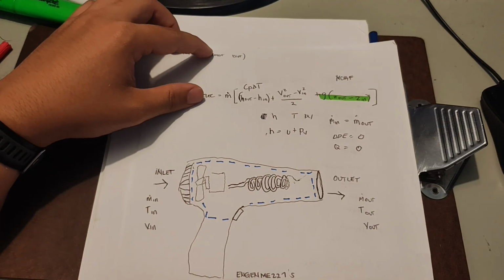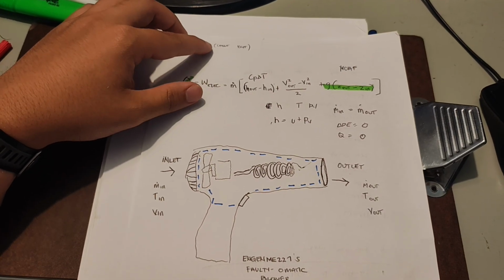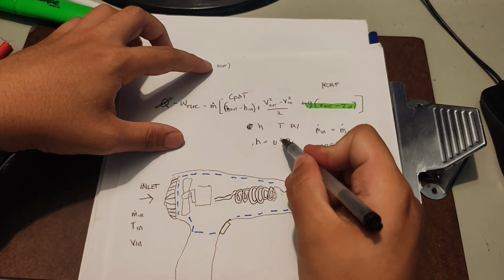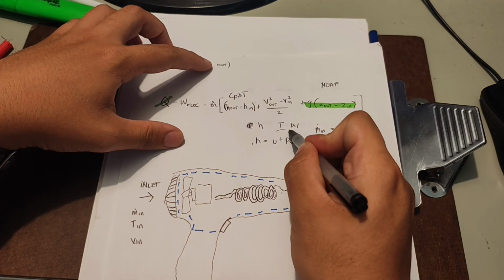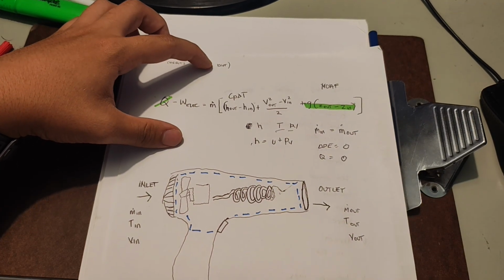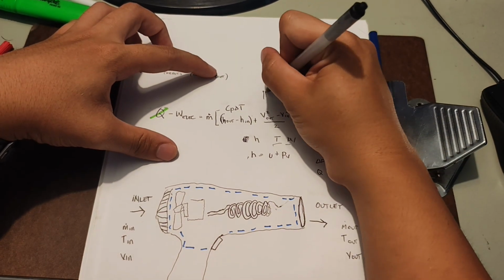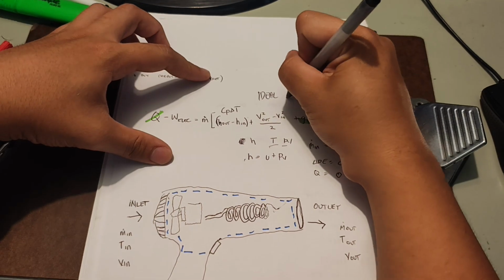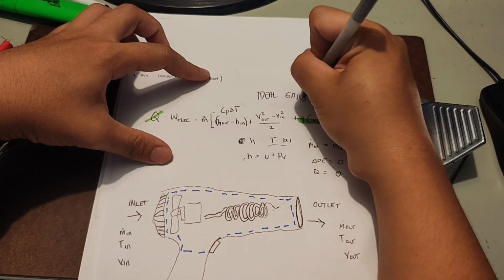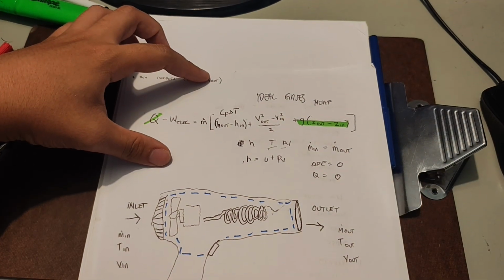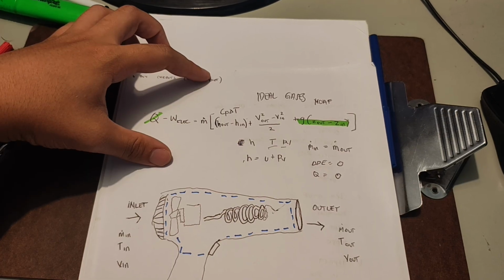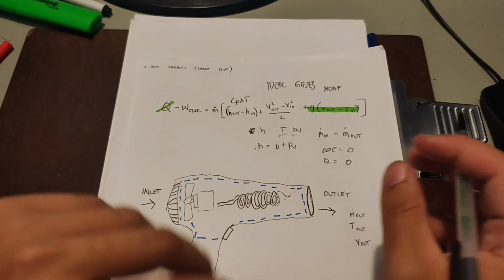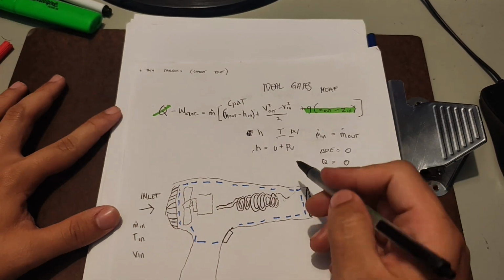So why? Usually enthalpy depends on temperature and pressure. But for ideal gases, like air, the molecules are so far apart that pressure doesn't really matter.